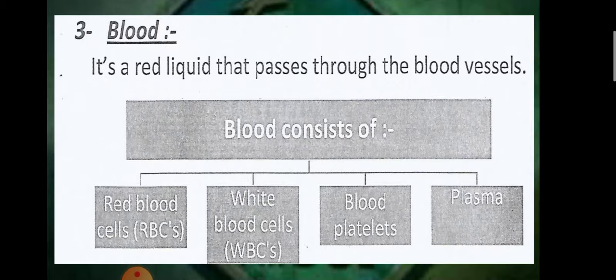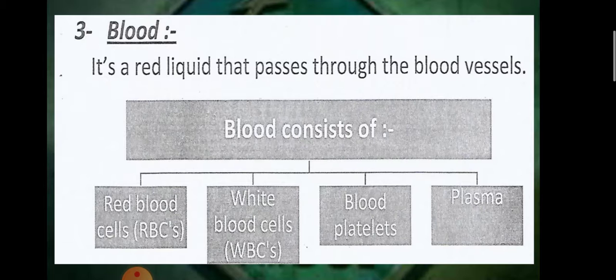Then we have the blood. The blood is a red liquid that will pass through the blood vessels. Our blood consists of 4 components. It's not only 1, no, it's 4. What can we find inside our blood?